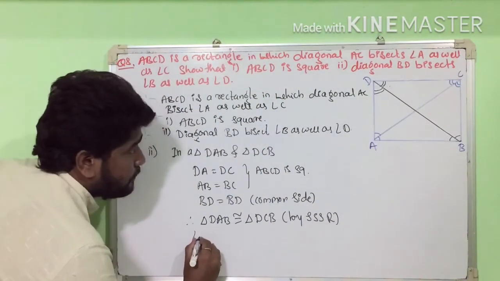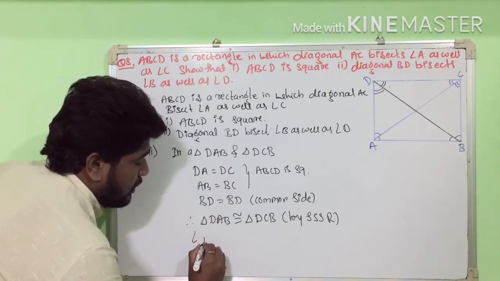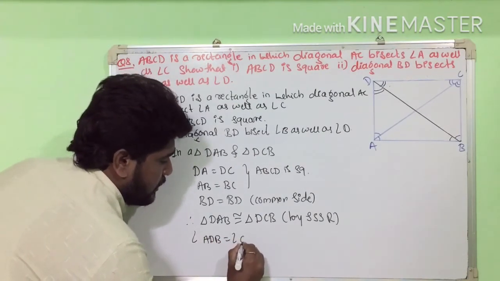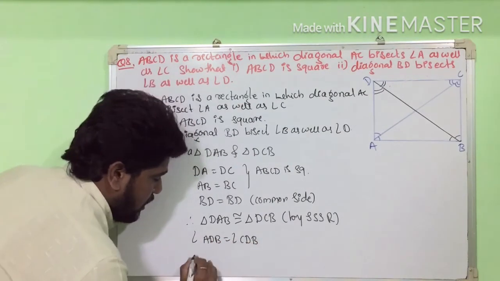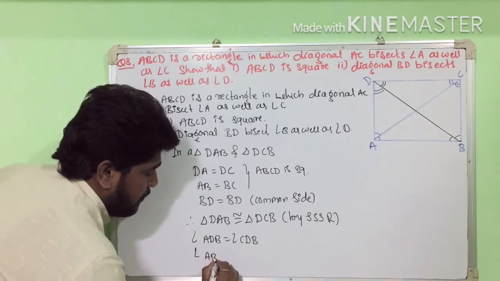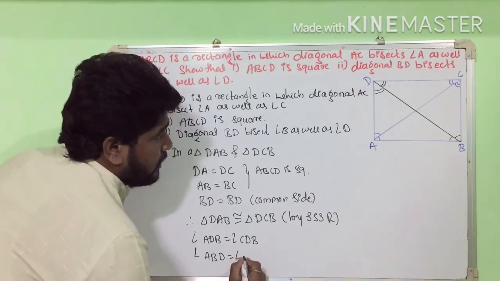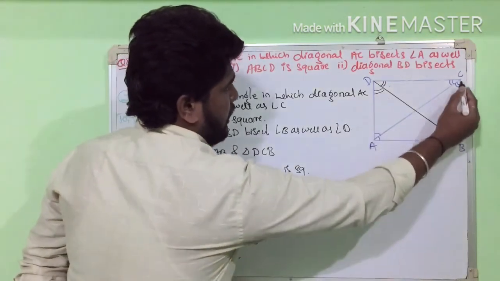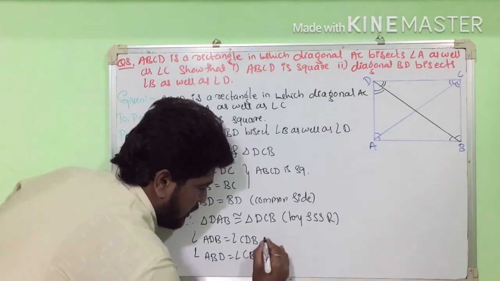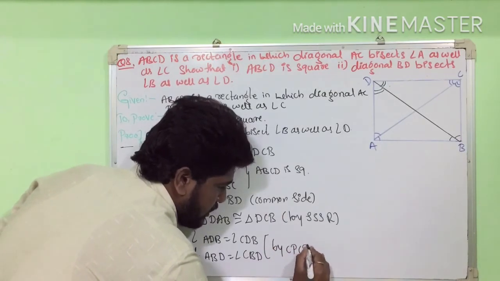So angle ADB is equal to angle CDB, and angle ABD is equal to angle CBD by CPCT.